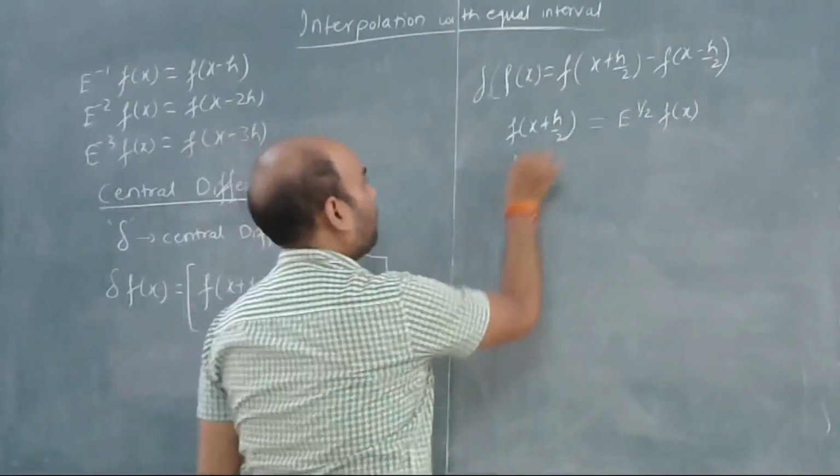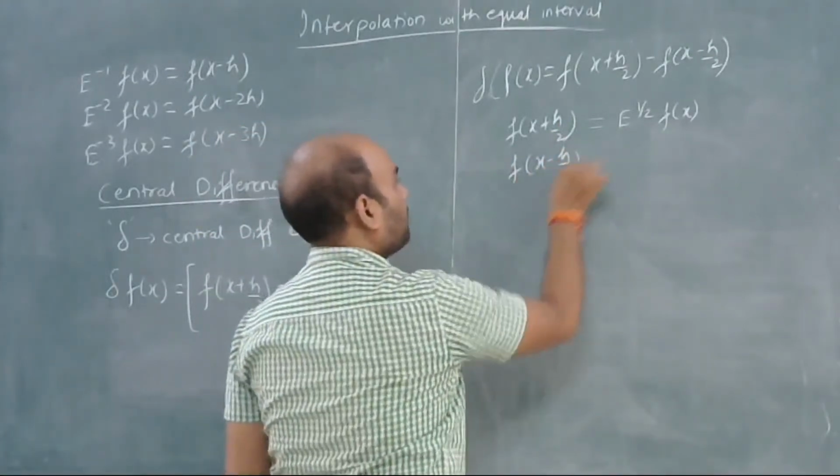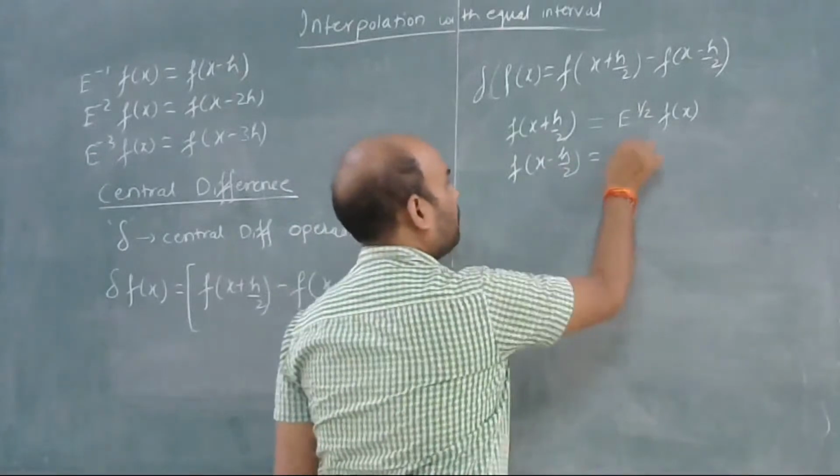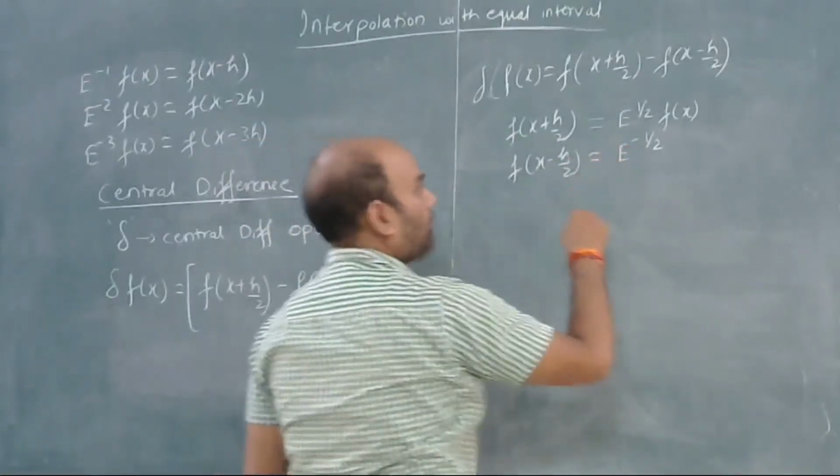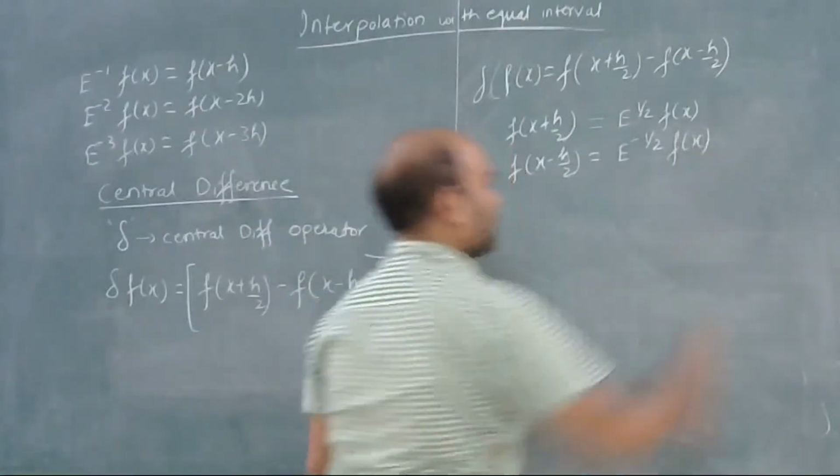Similarly, f of x minus h by 2 will be equal to E to the power minus half f of x, since it is decreased by h by 2.